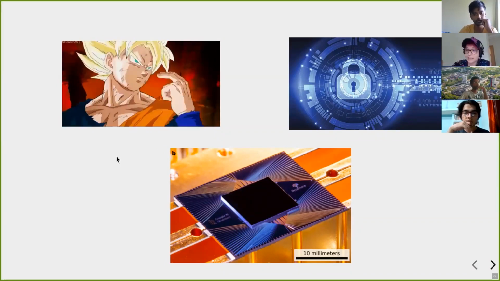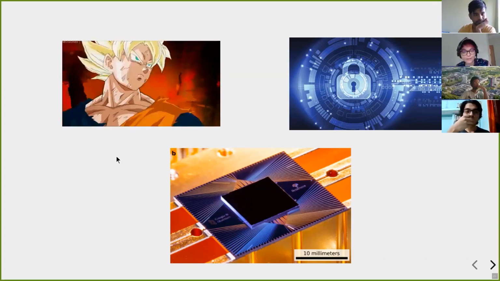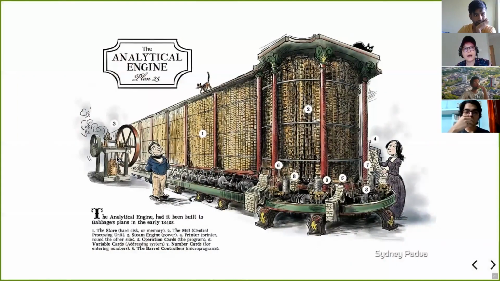For instance, entanglement, which was one of my preferred ones, and also for computation. I don't know if you guys know this picture here. It's Babbage and Ada Lovelace. Those guys have the whole concept of one of the earliest works on computation.